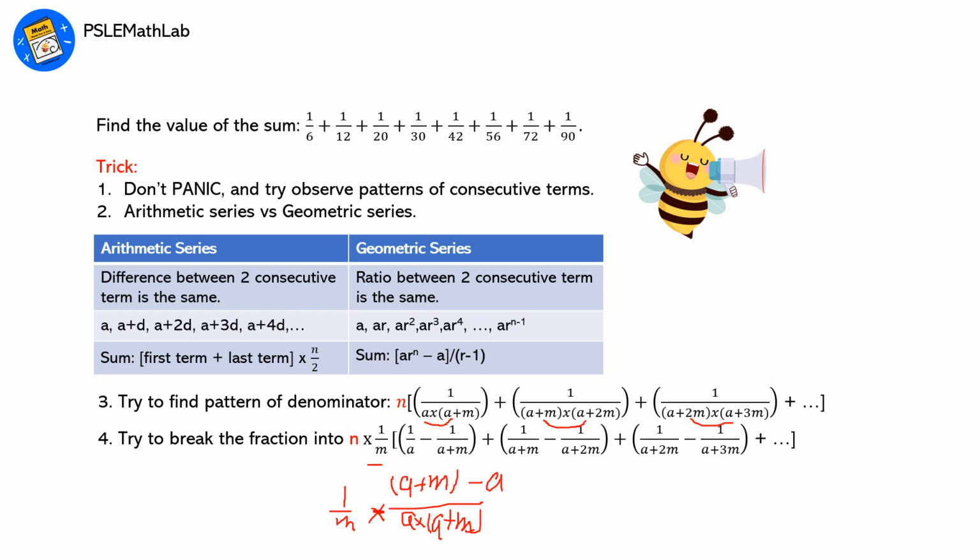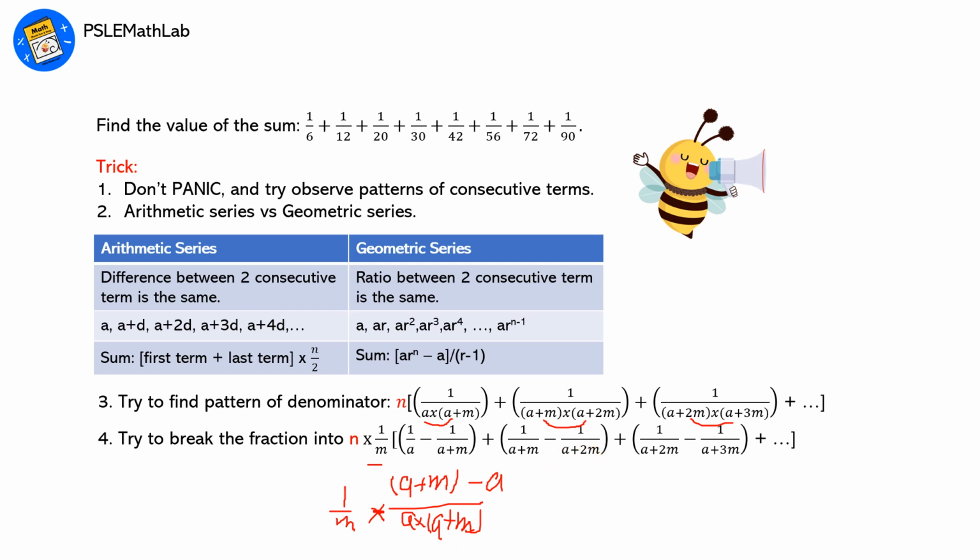Then similarly we can write one fraction as one fraction minus another fraction. So here 1 divided by a times a plus m equals 1 divided by a minus 1 divided by a plus m. Similarly, we can write the second term as 1 divided by a plus m minus 1 divided by a plus 2m.